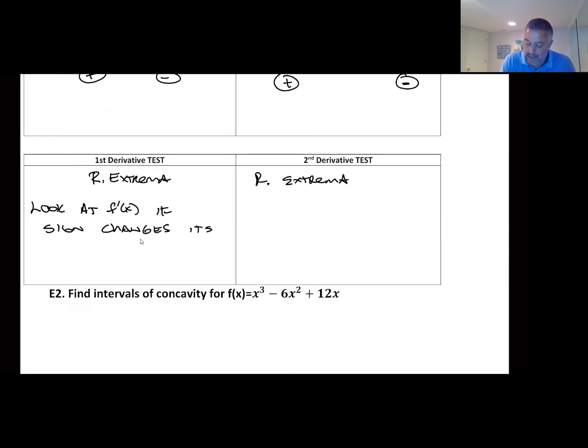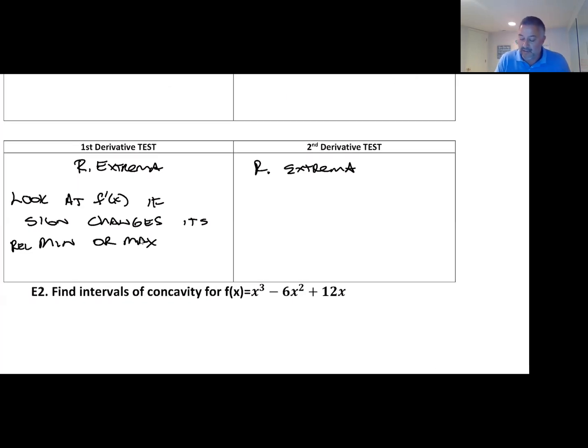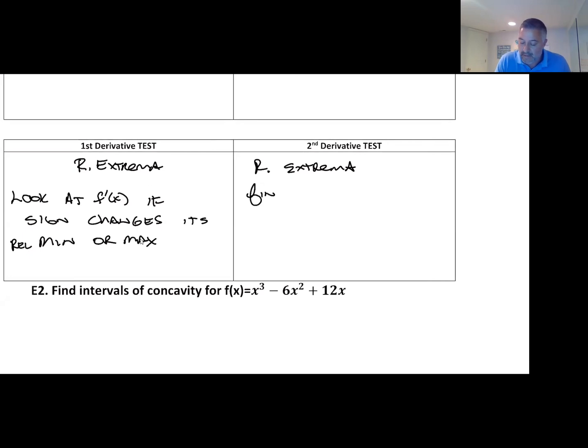In the first derivative test, we look at f prime of x, and if the sign changes, it's a min or a max, right? And I'll put relative in there. Doesn't tell us anything about absolutes. Second derivative test, find f prime of x equal to 0. Those are my critical numbers.